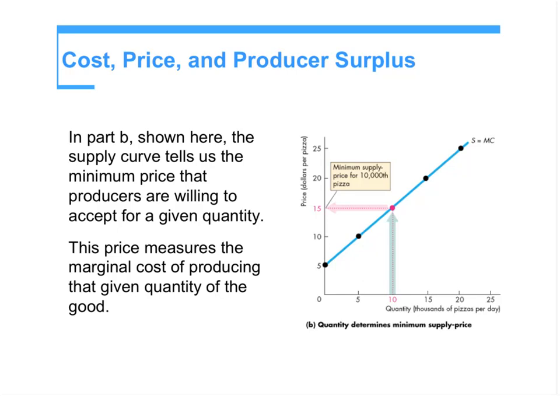Let's say from 5 to 10, the increase in price is a lot, but from 10 to 15, the increase is less. There's still an increase in price overall when you get more quantities. But that's the minimum price that the supplier is going to accept.